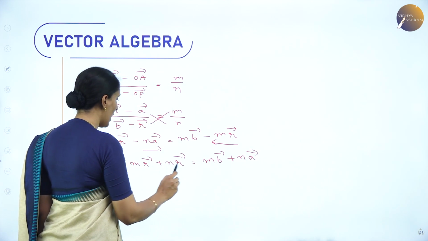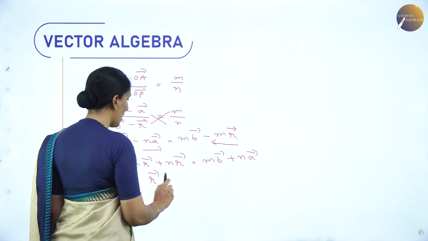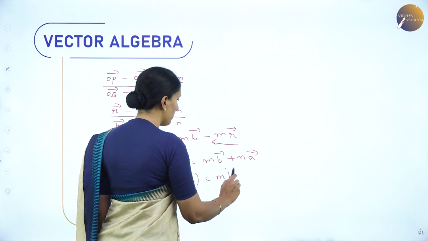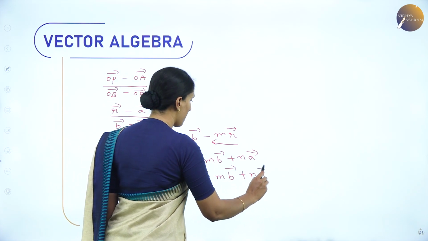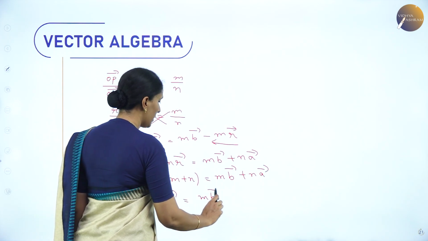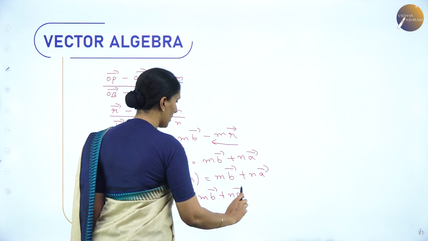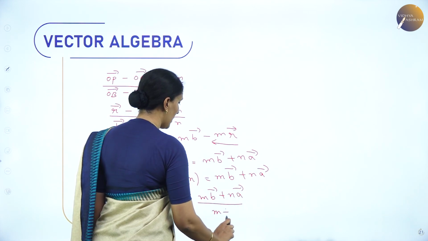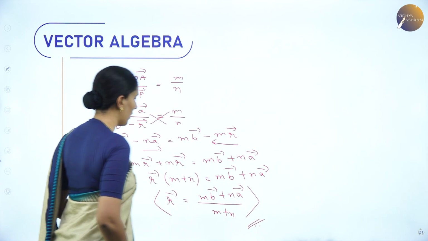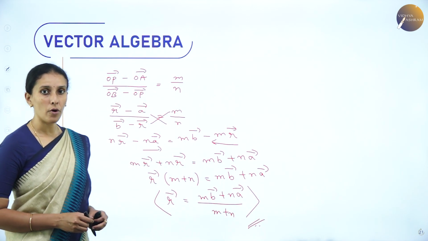If you take R as a common factor here, R times (M plus N) is equal to MB plus NA. Or vector R is equal to MB plus NA divided by M plus N. So this is the position vector of the point P.